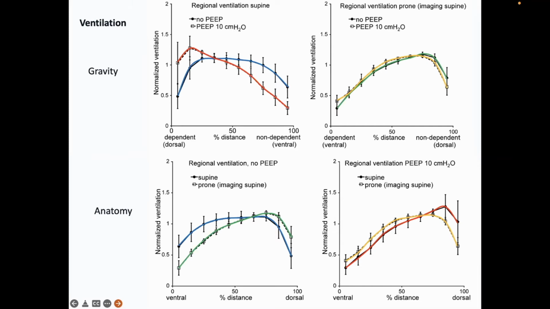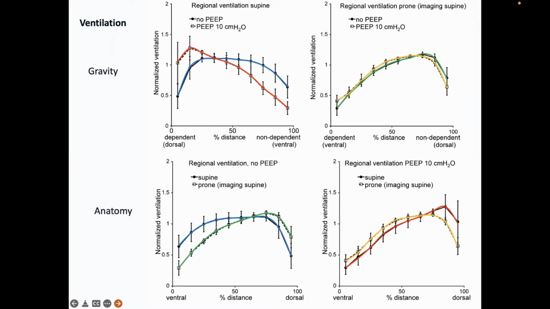Does that make sense? So if we observe during disease that we need less PEEP in prone position, it is due to the configuration in the chest, most likely due to the position of the diaphragm.